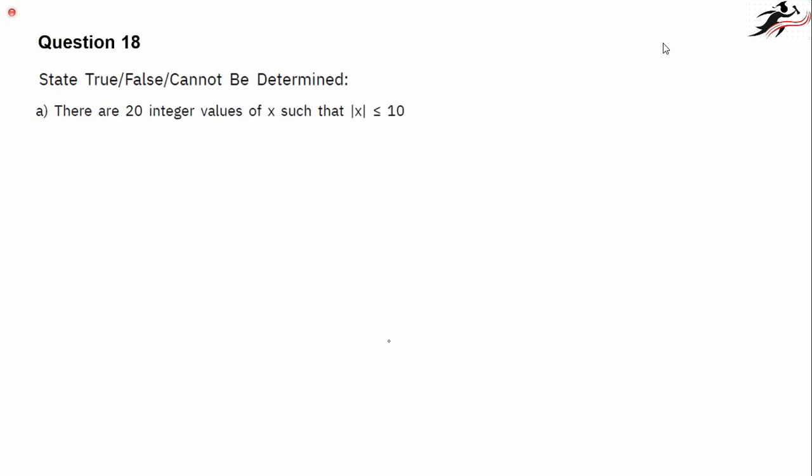State true, false, or cannot be determined. True, false, or cannot be determined. Try this. So there are 20 integer values of x such that mod x is less than equal to 10. Mod x is less than equal to 10. True or a false?